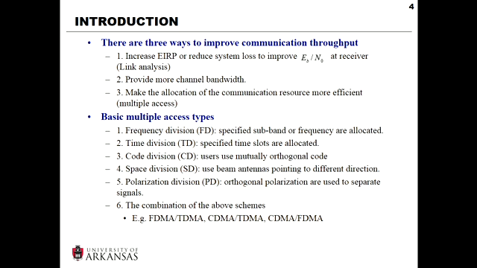And space division. Space division is when we use antenna arrays. We have an array of antennas, and by using an array of antennas, we can actually steer the beam of the antenna to different locations. And in that case, we can just use one antenna array to serve multiple users simultaneously. Okay, and this is called beamforming, and it was actually initially a radar technology.